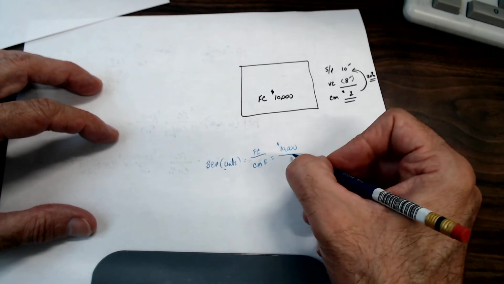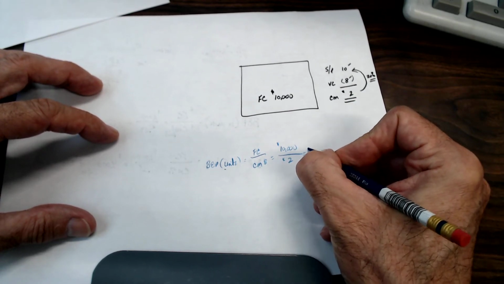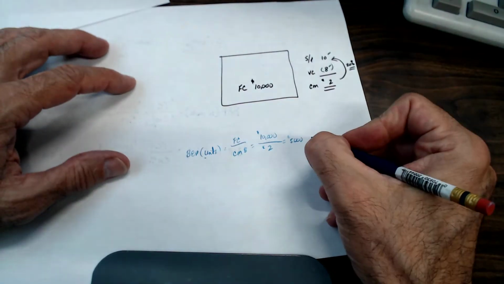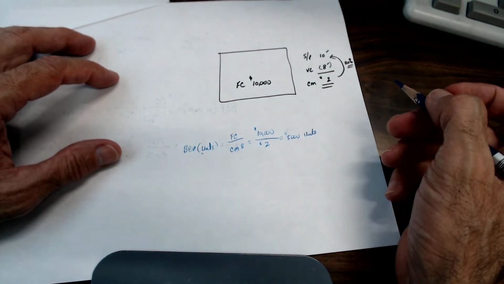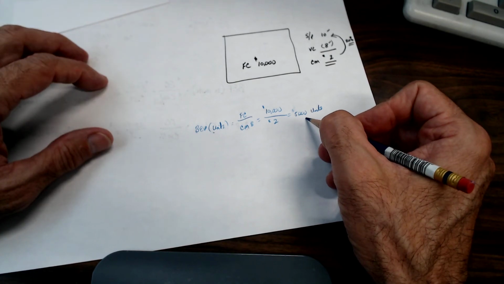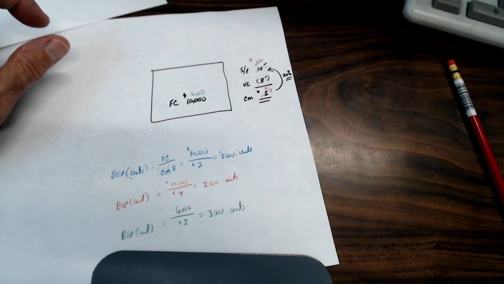My contribution margin per unit is $2. I need to sell 5,000 units. Well, I may say, oh, there's no way I can sell 5,000 units. I can't do that.